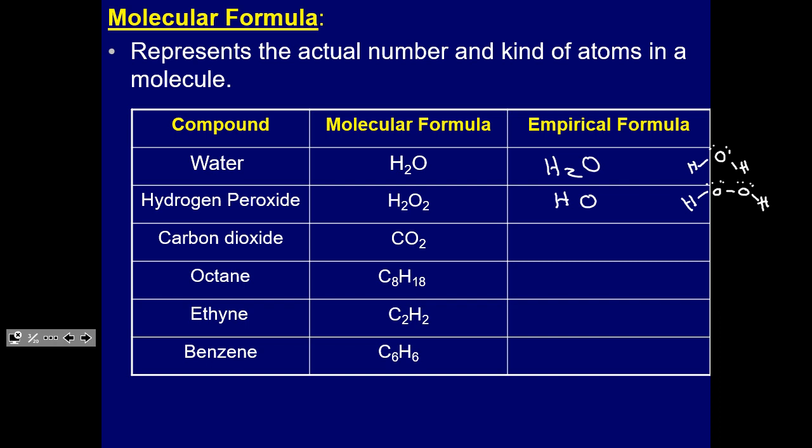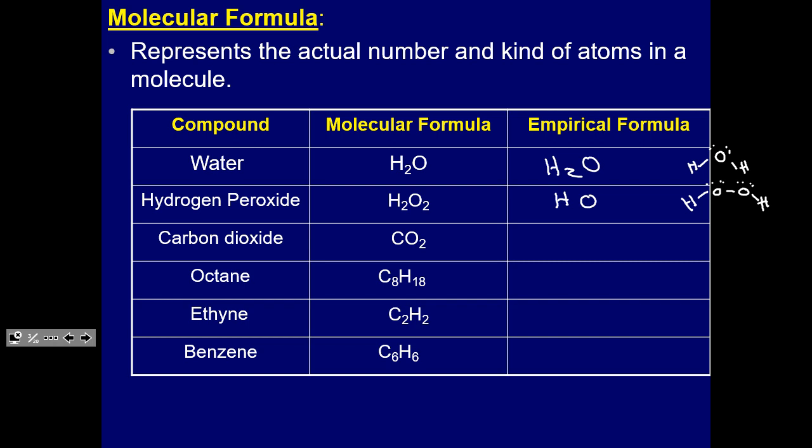Now, if you were a chemist in the early 1800s and this idea of atoms was just being formed, and you were beginning to figure out empirical formulas based on experimental data, for hydrogen peroxide, you would have got a formula of HO. You would have no knowledge that it was made up of 2 of those things stuck together. That came later on when they were doing other techniques.